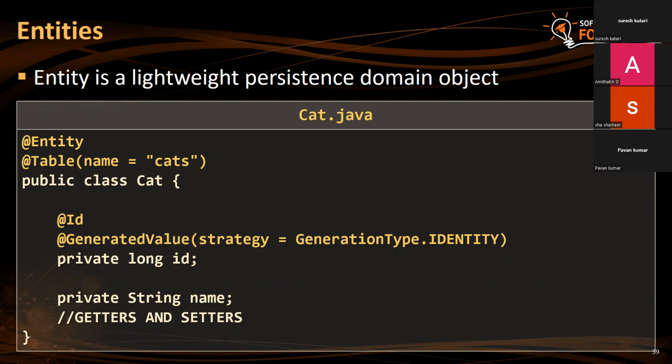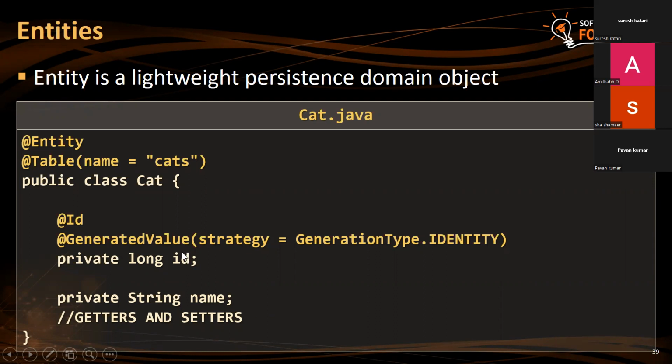All these are part of the table in the database, and each column represents one of them. So in the entity class, for each column, one field will be present. In the case of the cat, I'm taking only two fields. So this ID is there, right? ID is the primary key.